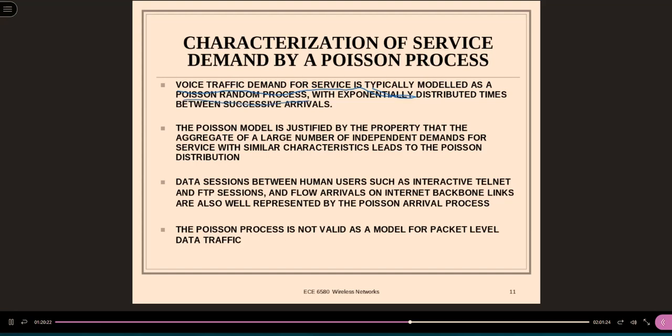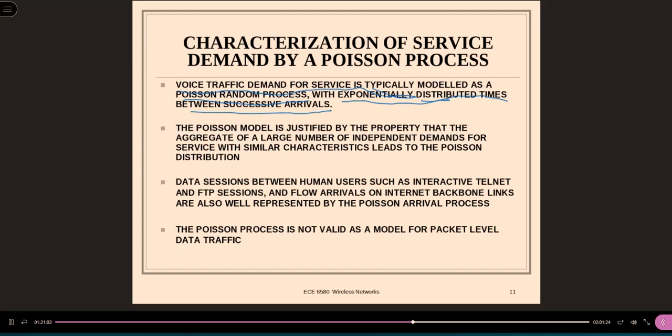And the time duration of phone calls is modeled as an exponentially distributed process between successive arrivals. Okay. So we have here a situation where there is a point process where every time a phone call is being made, it is registered, and then the time between successive phone calls is also measured. And in the first case, we have what's called a Poisson random process. In the second case, we have an exponentially distributed time process between successive arrivals.